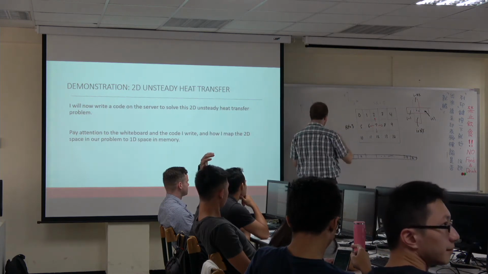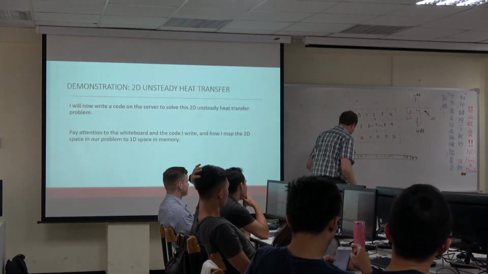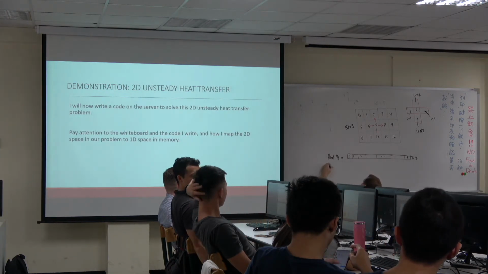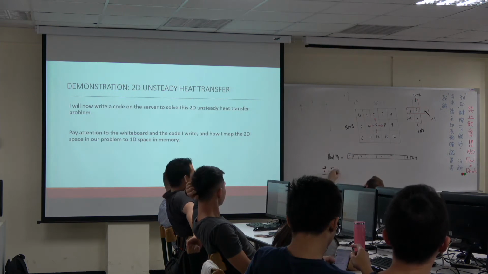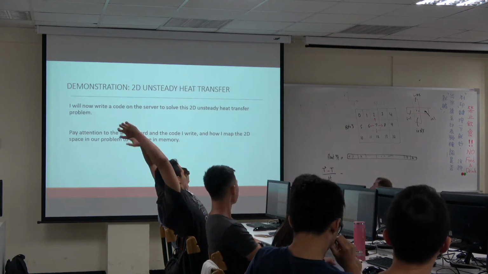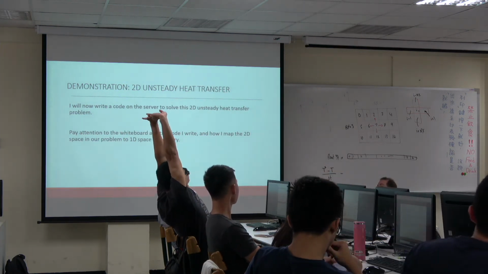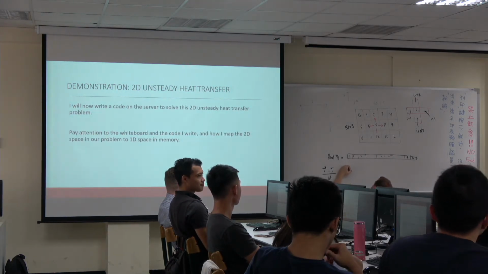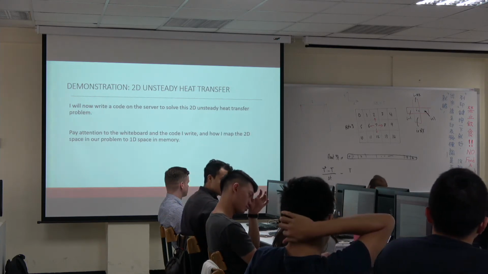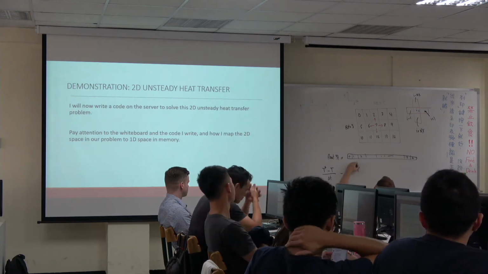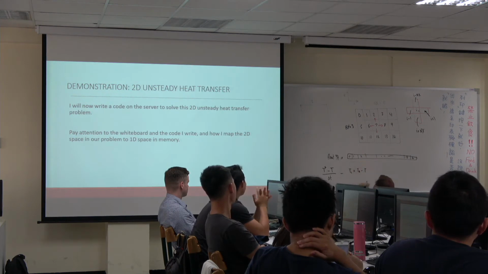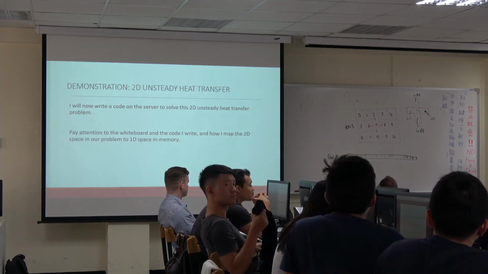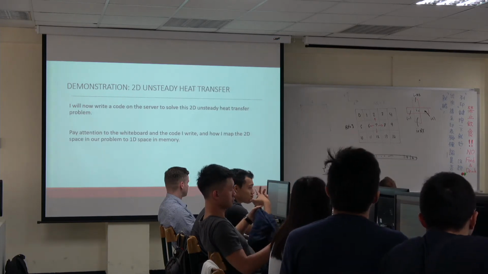Can I delete? Oh no, I need that. T new, take away T divided by dt minus. Well, we're writing out the discrete form of the second order heat transfer equation here. So that is going to be, let's see, in the x direction first, I'm going to write TL plus TR minus 2T divided by dx squared.